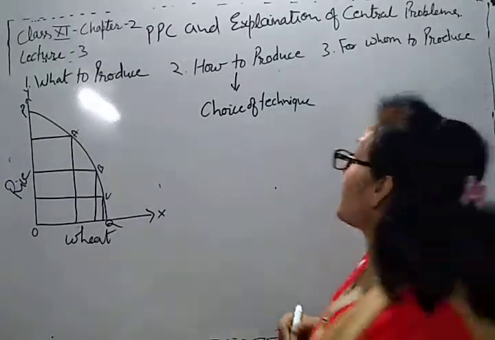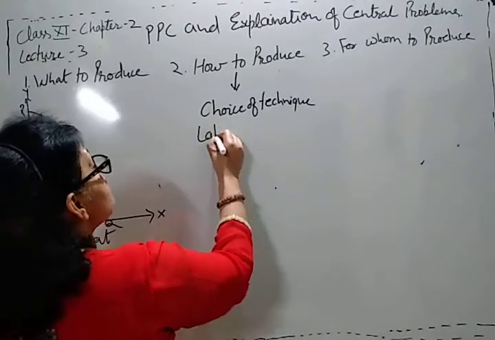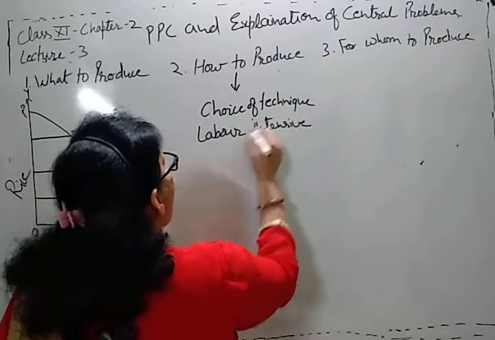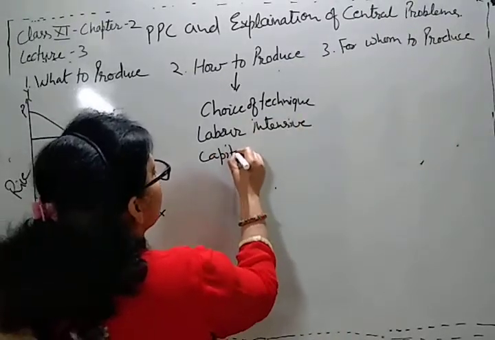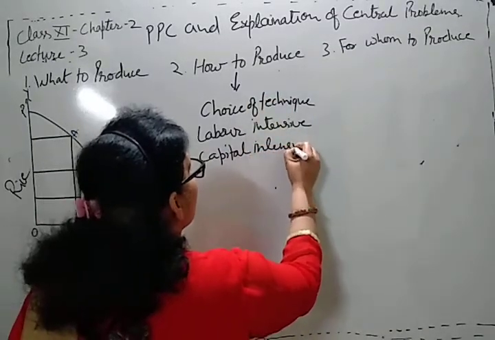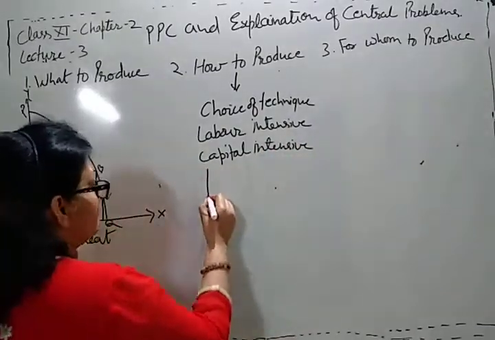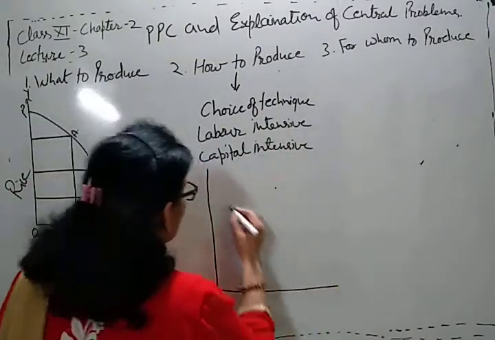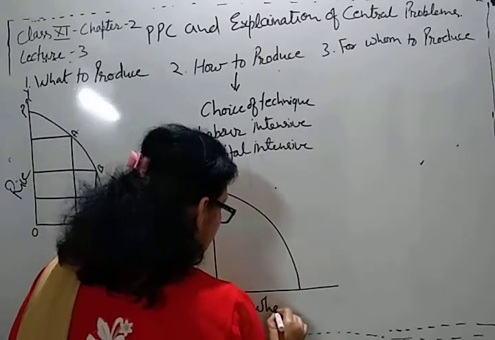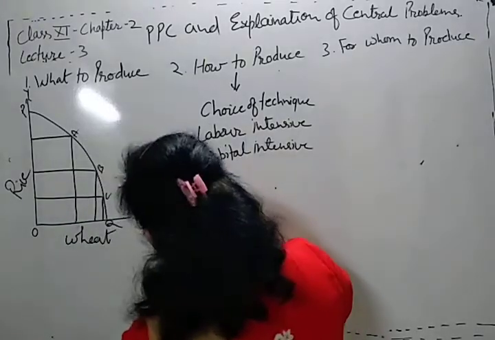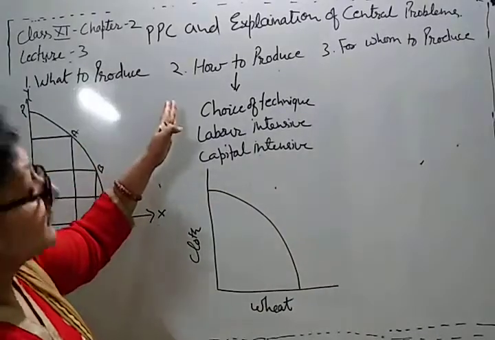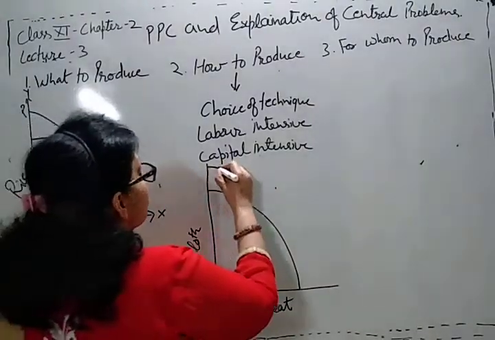As you know, there are two types of technology: labor intensive and capital intensive. And there are two PPCs.